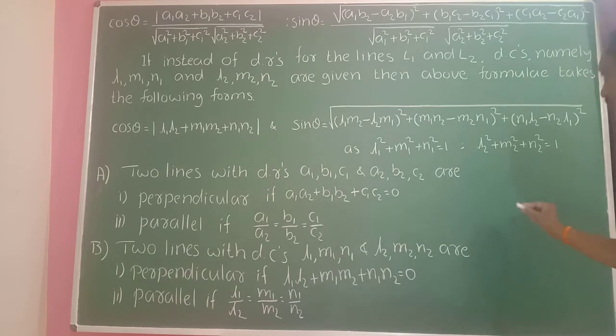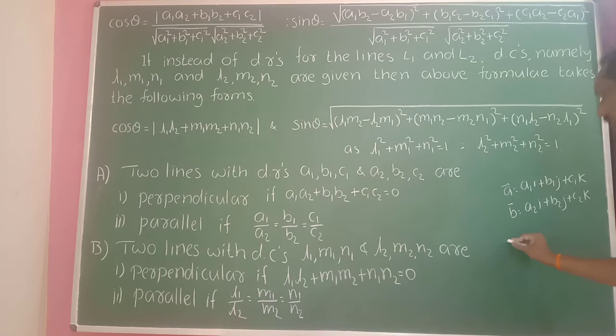Otherwise, you know that if a bar is a vector with direction ratios a1 i + b1 j + c1 k, where a1, b1, c1 are direction ratios, this is the component form. And b bar is the vector a2 i + b2 j + c2 k.